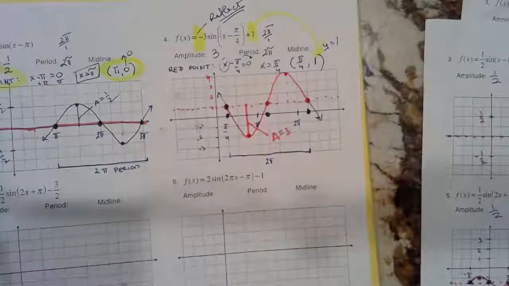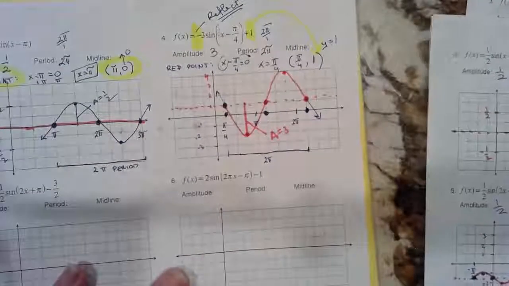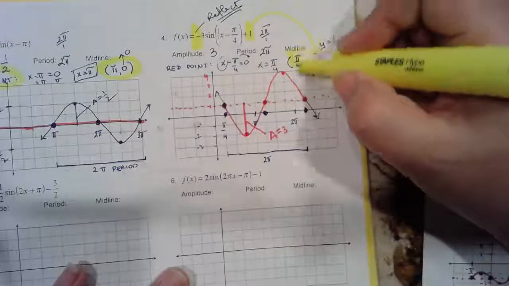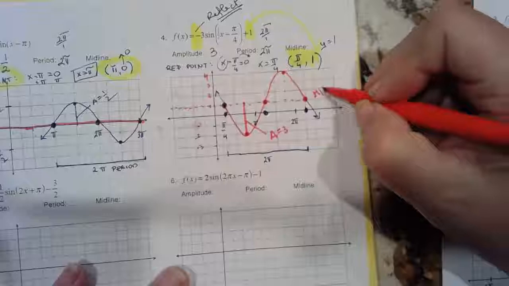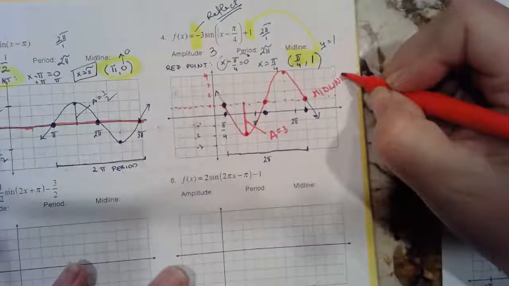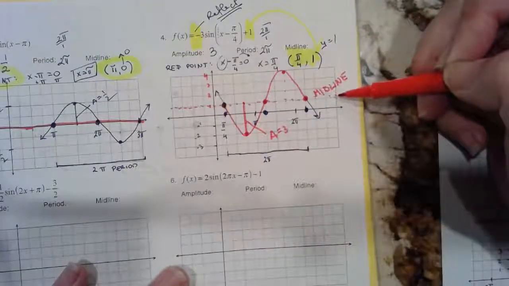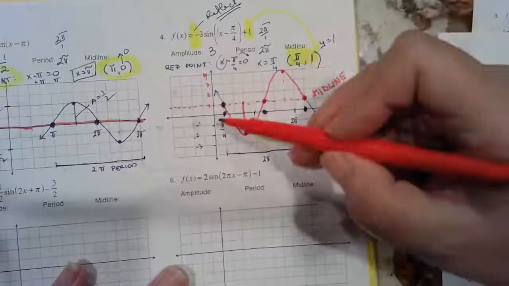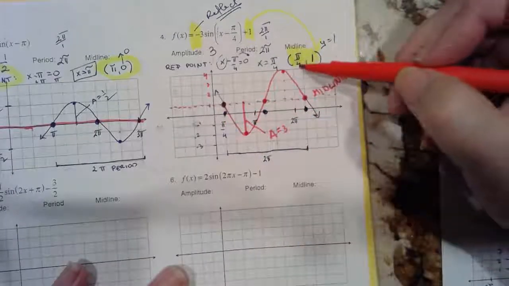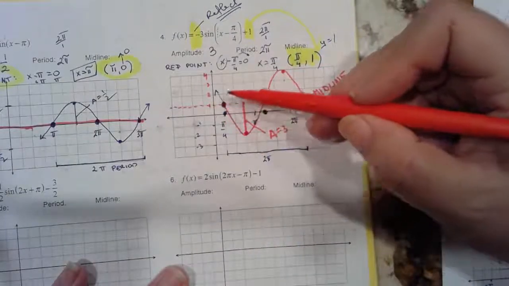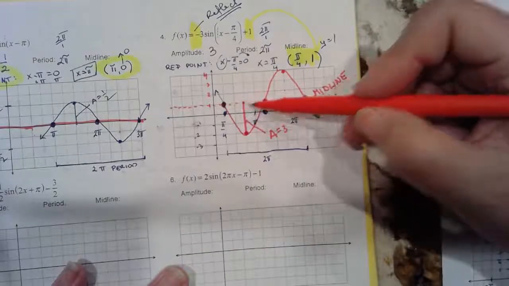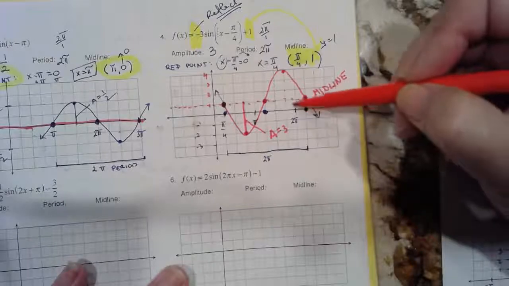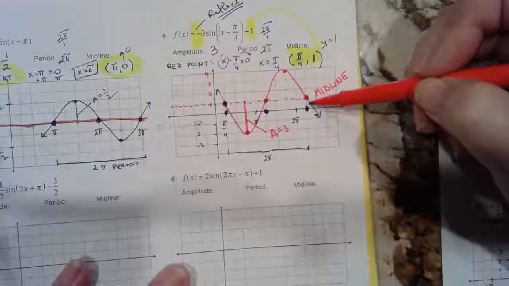So one more time, my reference point is pi over 4 and 1. So 1 is your midline. This cuts my sine function in half. I no longer start at the origin. I started at pi over 4 and 1. So here, pi over 4, that means 2 pi is going to be shifted 1/4 to the right of 2 pi.